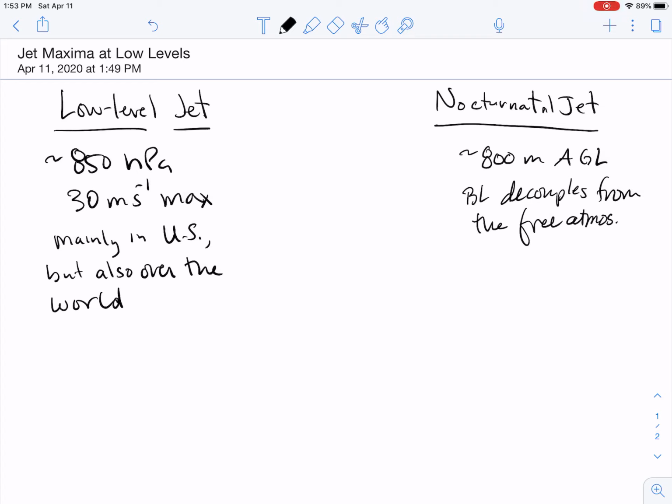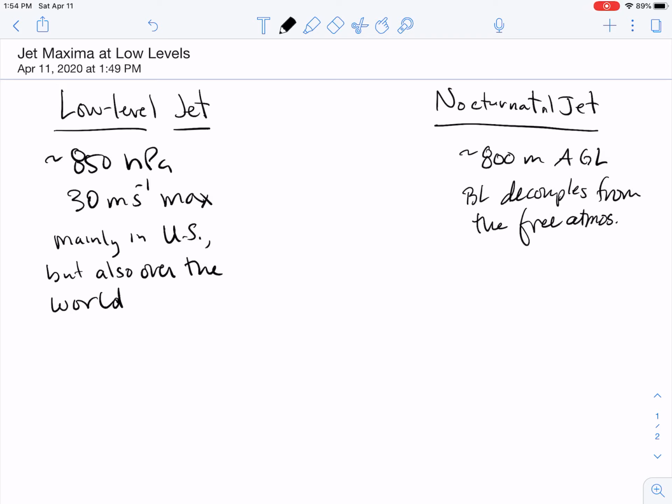This is slightly different in terms of dynamical causes from our low-level jet, which is more large-scale forcing, whether through trough-ridge systems or due to strong topographic influences. So it's important to consider that we have multiple low-level jet type features that are sometimes called different things.